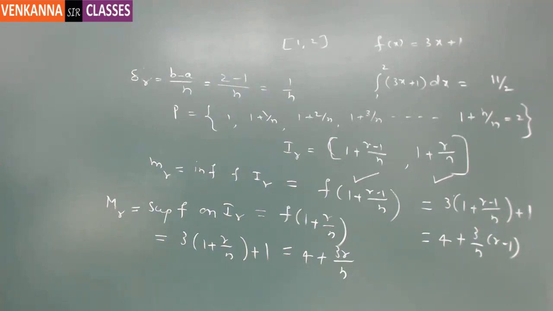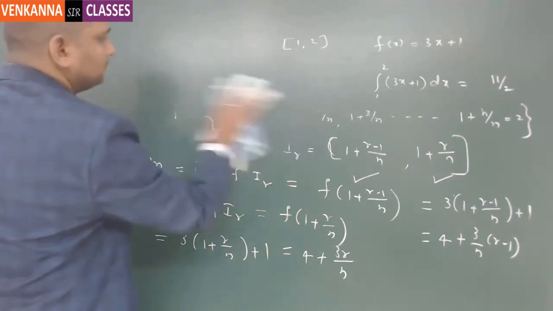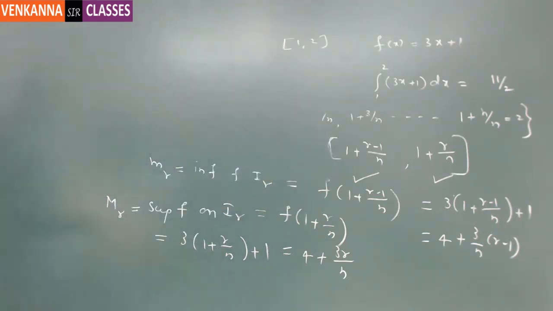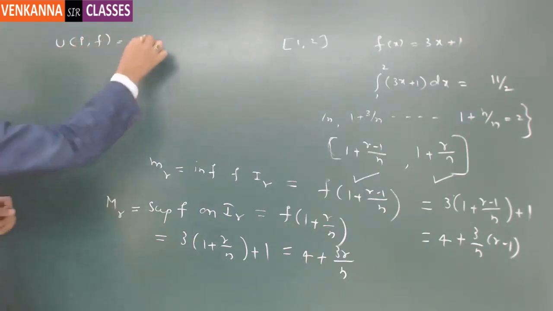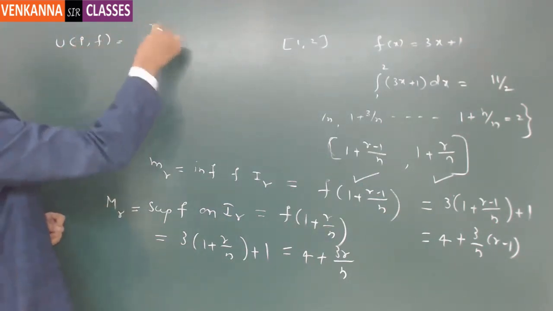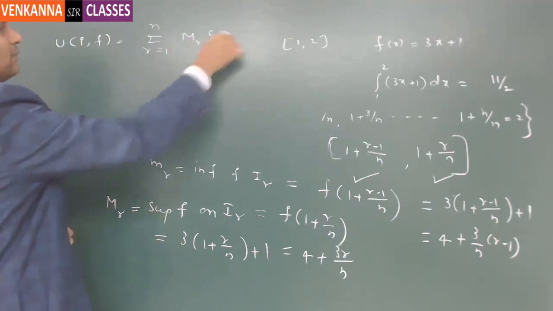Now I am going to calculate the lower sum as well as the upper sum over this interval. Then if I apply the limit n tends to infinity, I am going to calculate the lower integral as well as the upper integral from the lower sums and upper sums. So if you consider the upper sum, U(P, f) is equal to summation r equals 1 to n of M_r delta r.